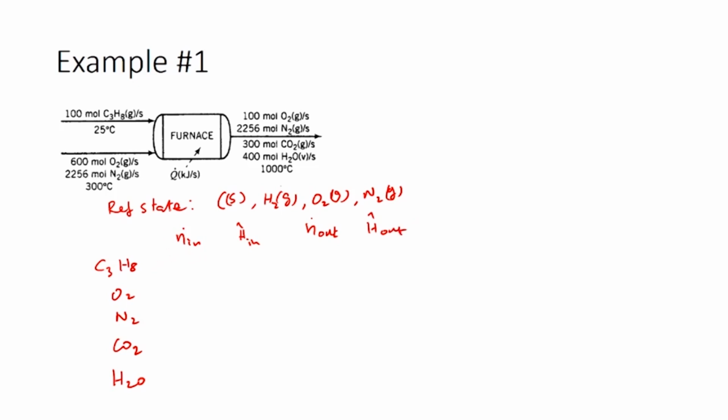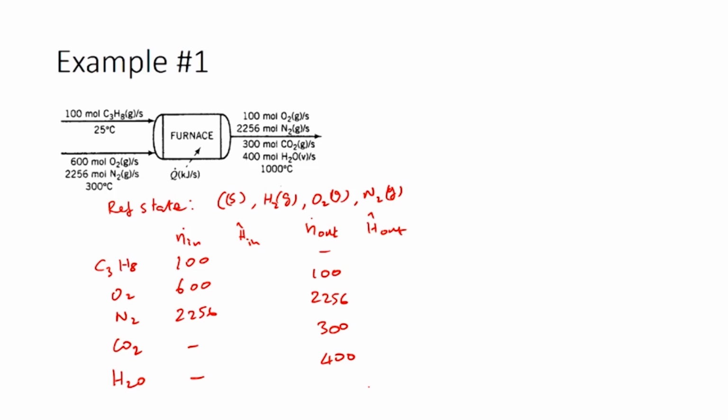So, the molar flow rates are the same as what we had done earlier. So, it will be 600, 600, 2256 and dash and dash. You do not have any propane leaving the system. You have 100 moles of oxygen, 2256 moles of nitrogen and 300 moles of carbon dioxide and 400 moles of water leaving the system. So, here we now need to identify which enthalpies will go to 0.